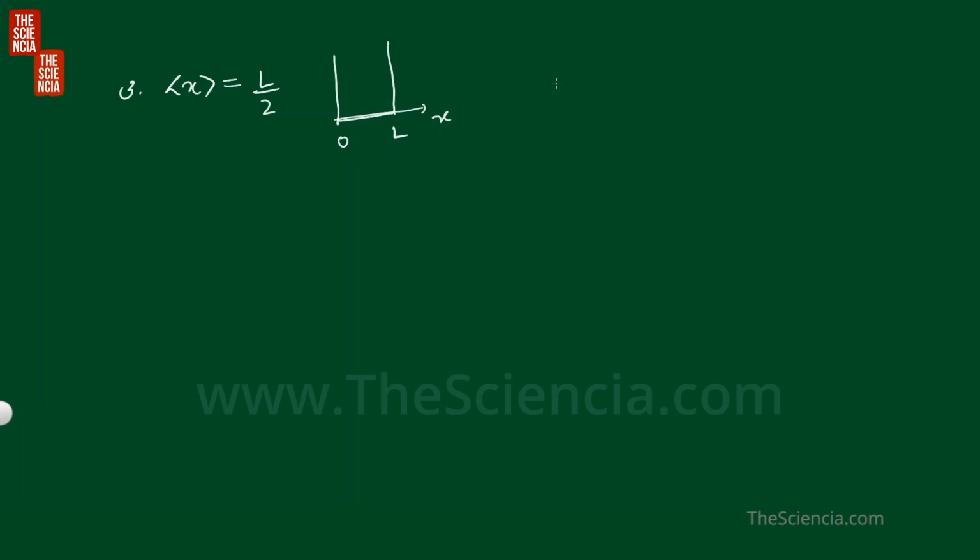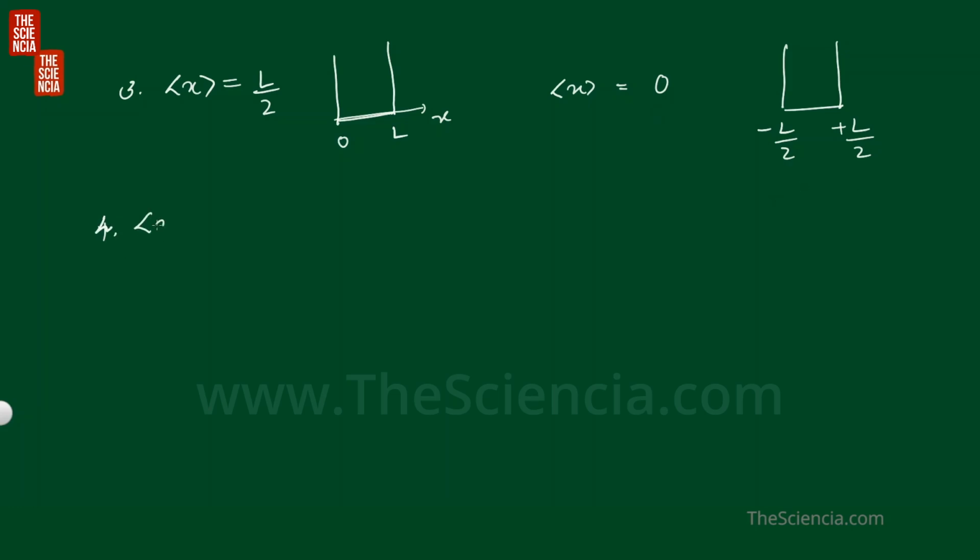And for the symmetric box, this expectation value is equal to 0. Why? Because for a symmetric box, this side is minus L by 2 and this is plus L by 2. So the average, that is adding these two and dividing by 2, minus L by 2 plus L by 2 by 2, is equal to 0. That is, the average value of x is 0 here.